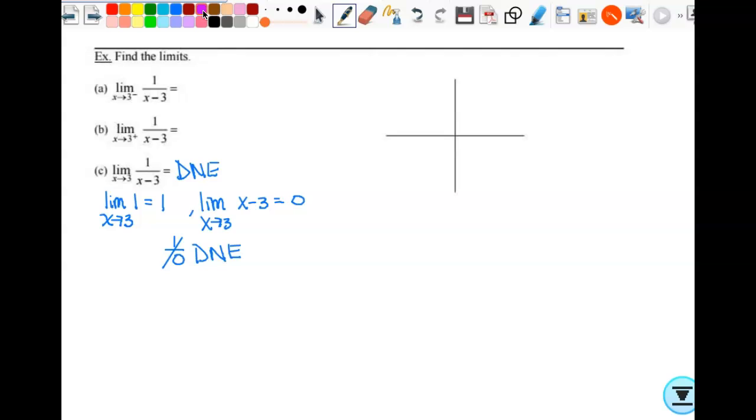Do you remember? Vertical asymptotes: when denominator equals 0 and numerator does not.